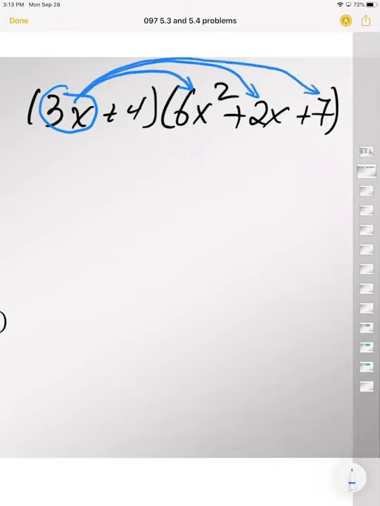If you do that, 3 times 6 gives me 18. An x to the first power times an x to the second power gives me x to the third power. And 3 times 2 gives me 6. And x times x gives me x squared. And 3 times 7 gives me 21. Bring down my x because of this x over here.